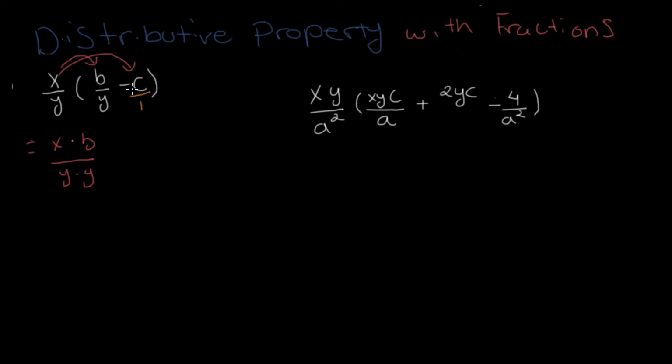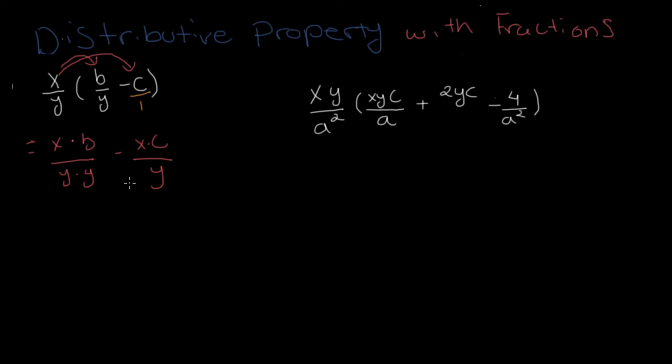The next part of this expression is we have a negative c. X times negative c is going to be negative xc. And then same thing, we're going to do y times 1, which just gives us y.